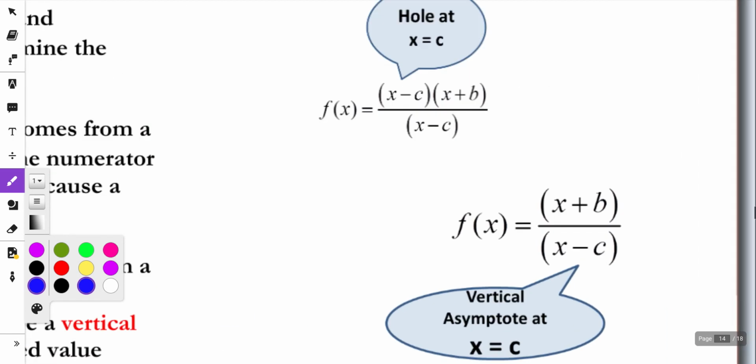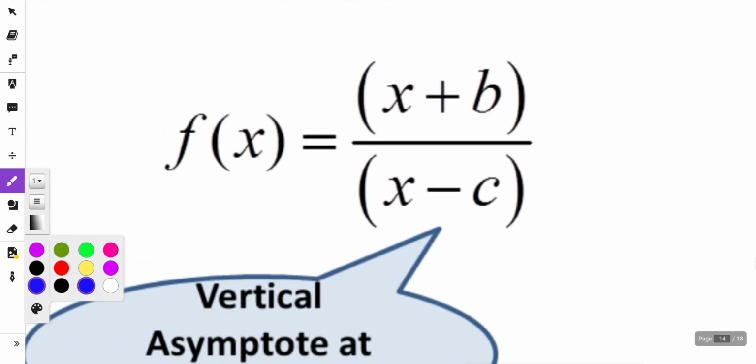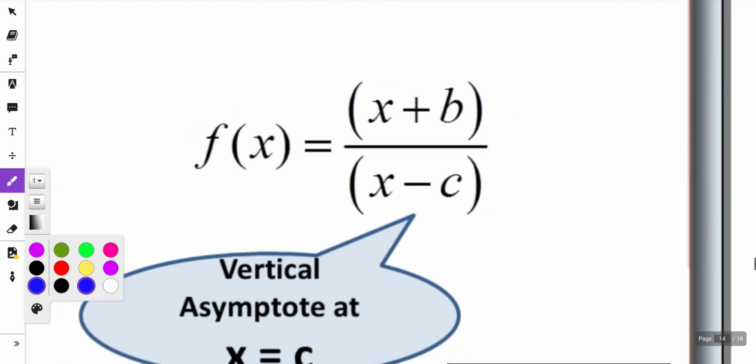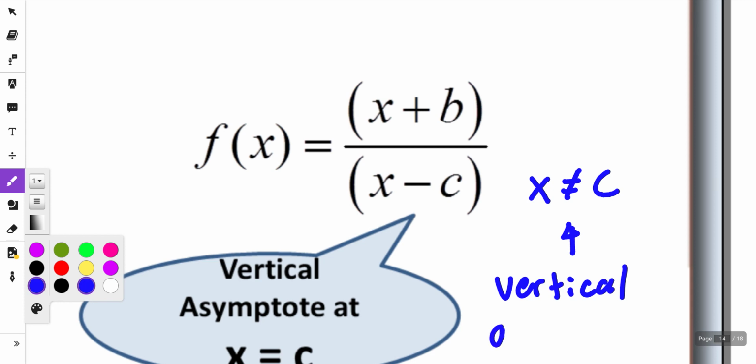So if we looked at something like f of x equals (x plus b) over (x minus c), that thing would create a vertical asymptote. Right? You're not allowed to have x equal c. This would be a vertical asymptote. That's like our standard question that we've seen lots of.